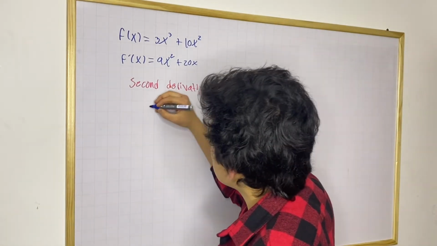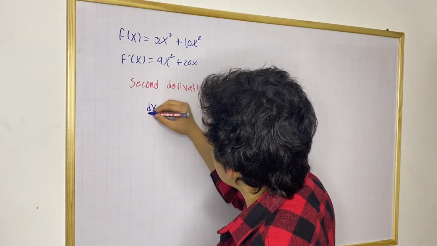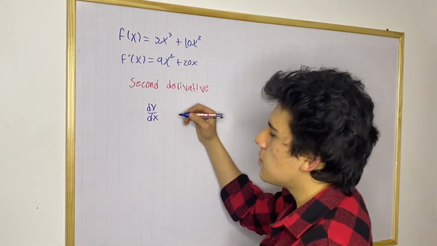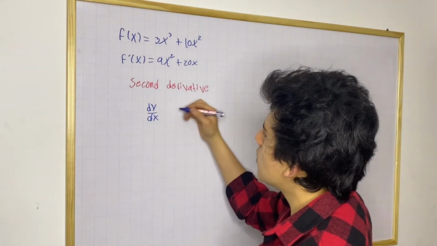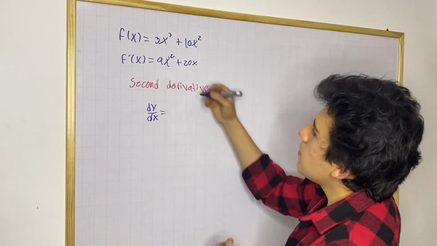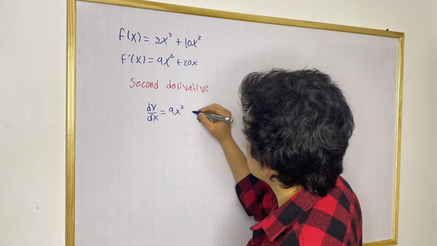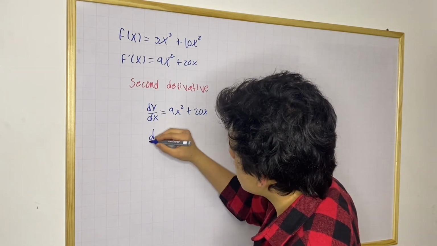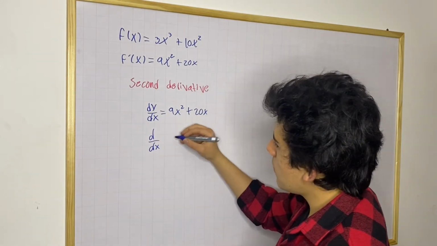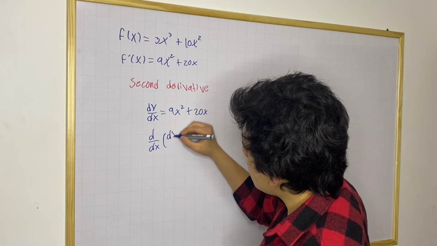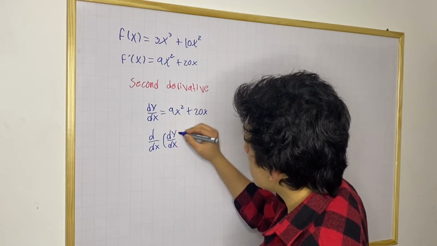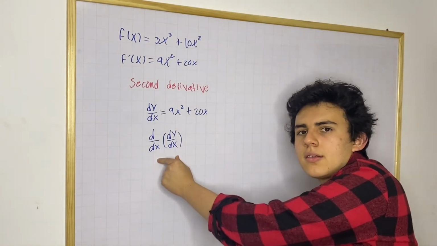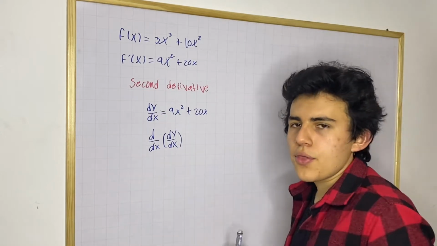If you have, for example, dy over dx, and it's just any type of function, we could say dy over dx is going to be 9x squared plus 20x. What if you applied the derivative operator to dy over dx? What would happen if you did this? Now think about that.